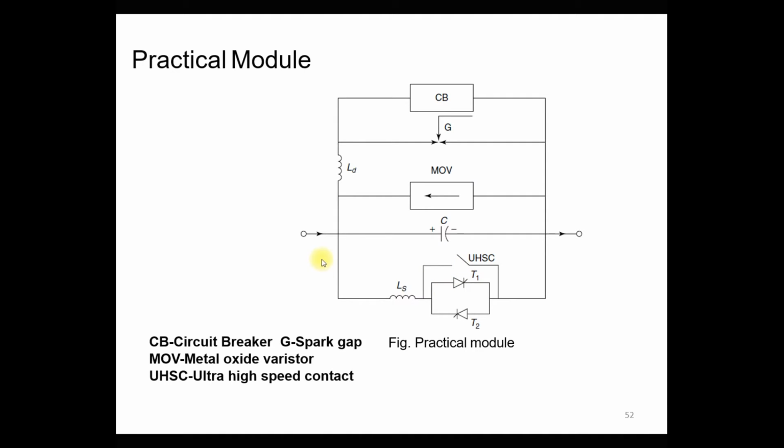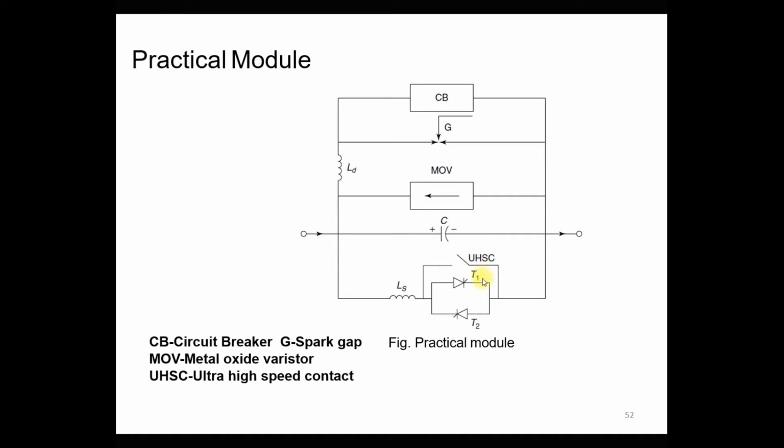So when this capacitor is bypassed by the thyristor controlled reactor and T1, T2 are on, suddenly this ultra high speed contact is closed, so the whole current is diverted through this ultra high speed contact switch, so that we can reduce the conduction losses of T1 and T2.